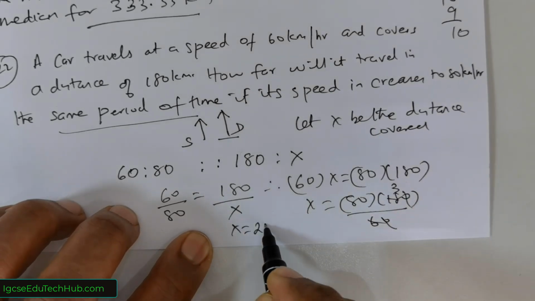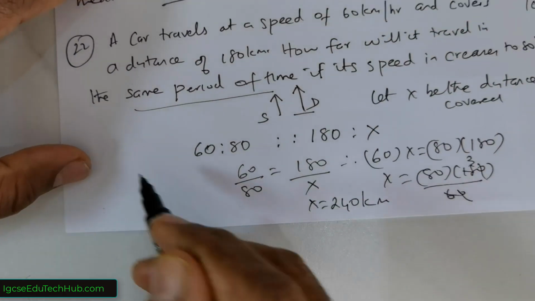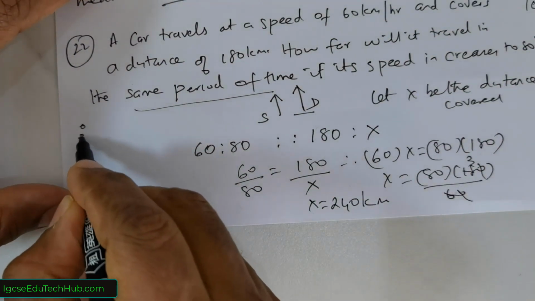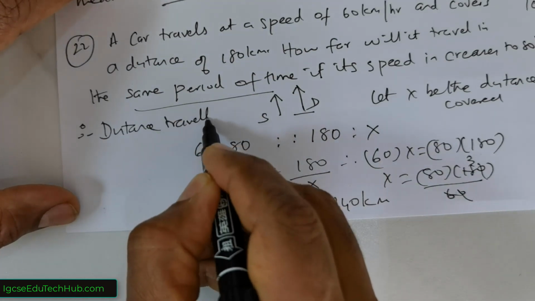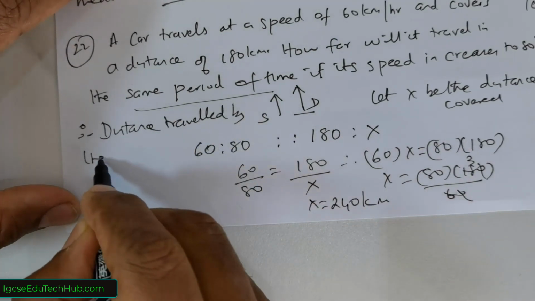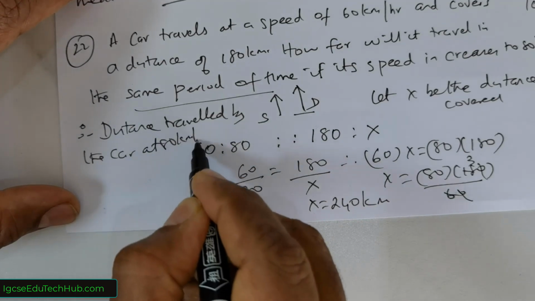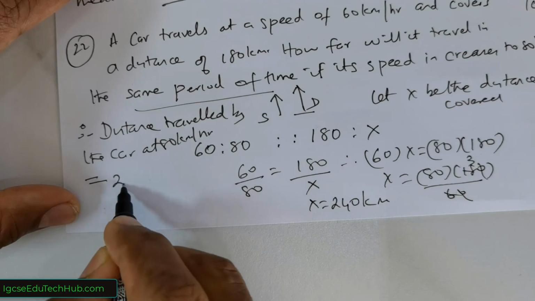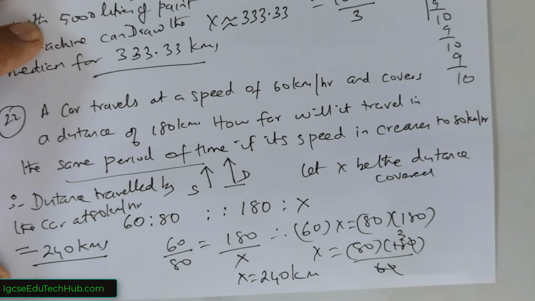So x is equal to 240. So the distance traveled by the car at 80 km per hour is equal to 240 kilometers. So that is the solution.